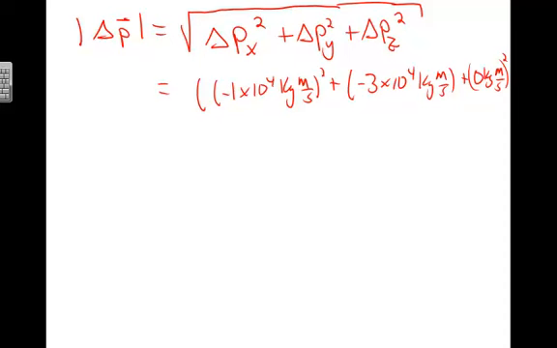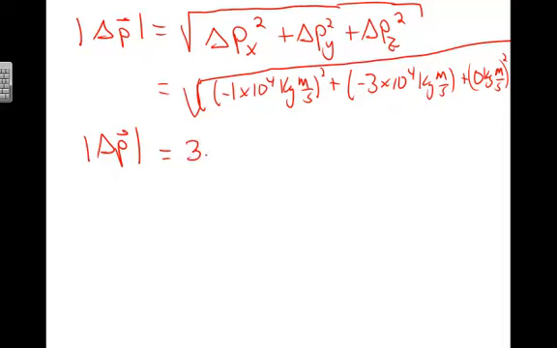We take the square root of all of that, and we end up with a magnitude of delta P equals 3.16. Let's just round that up to 3.2 times 10 to the 4 kilogram meters per second.